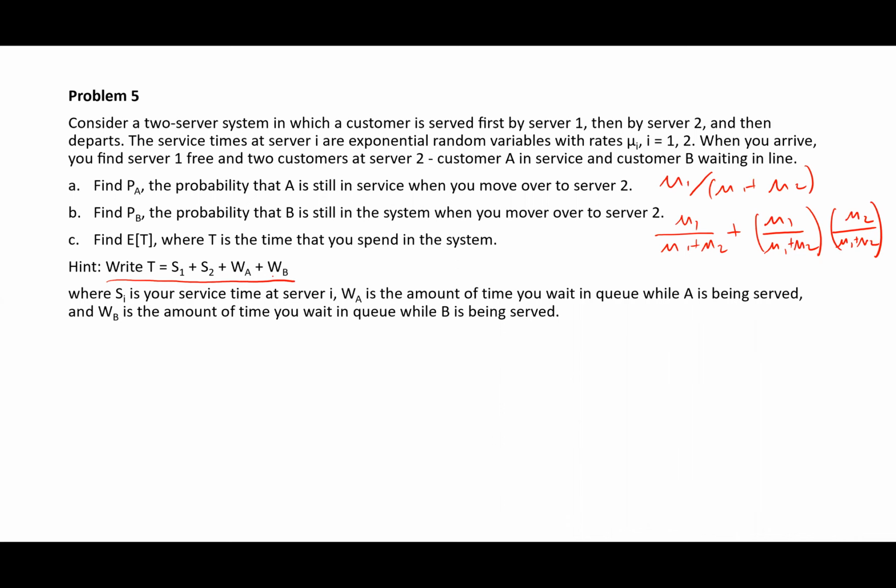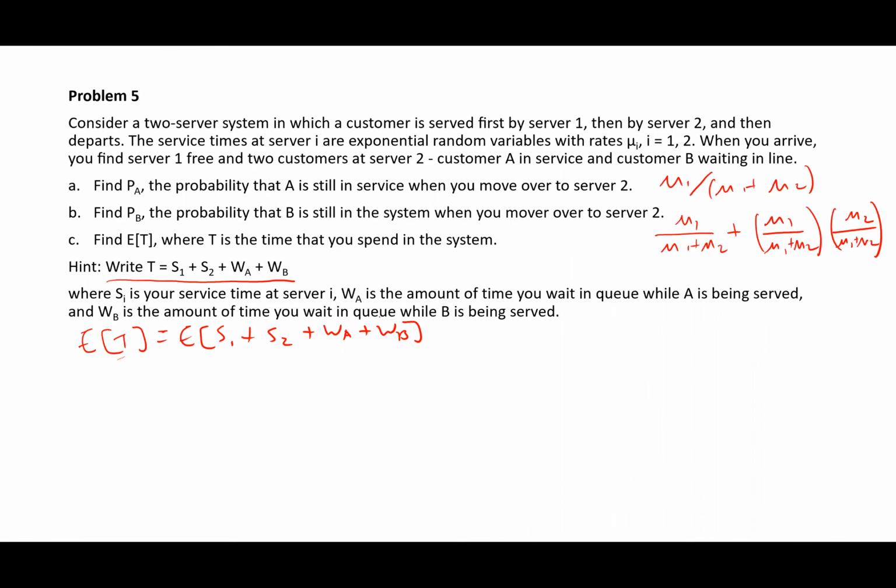S1 and S2 are the service times at the respective servers. WA is the expected waiting time for person A to leave the system, and WB is the expected time that you wait for customer B to get service and leave the system. So ultimately, I'm solving for the expected value of T, which I can rewrite as the expected value of S1 plus S2 plus WA plus WB.